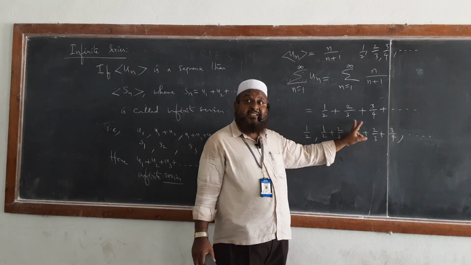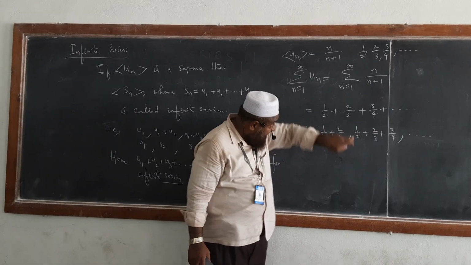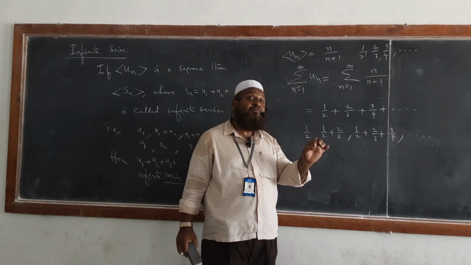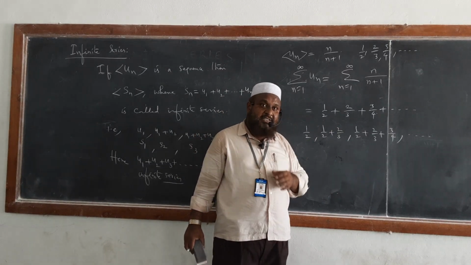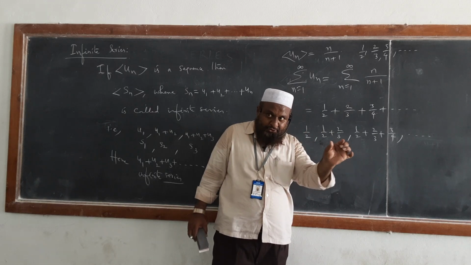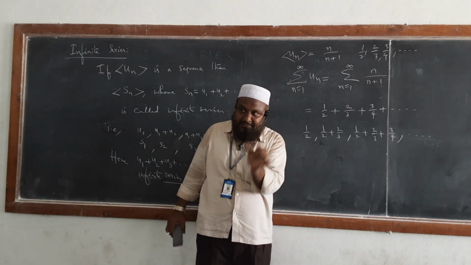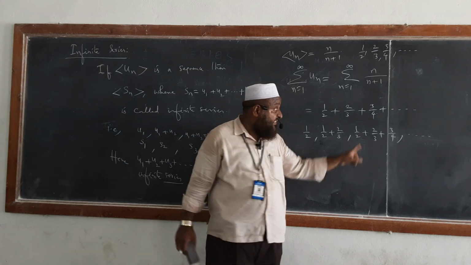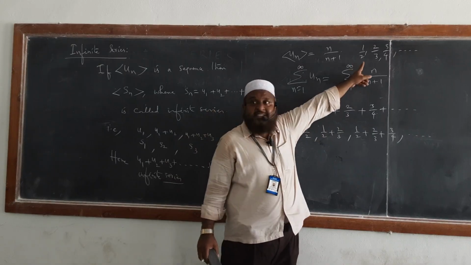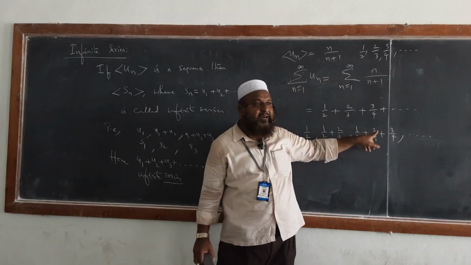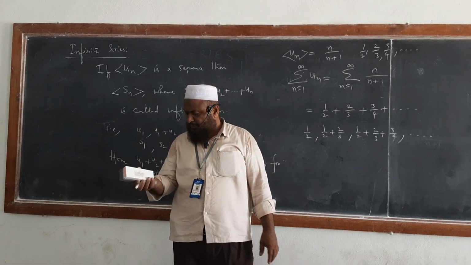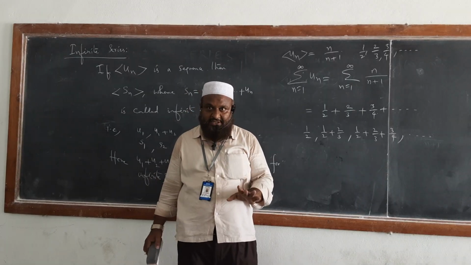There is a name for this sequence: we call it the sequence of partial sums, because it is just one part, two parts total, three parts total, that is the sum of one term, sum of two terms, sum of three terms. So from a given sequence, if this sequence of partial sums is convergent, then we call that infinite series convergent. I hope you are very clear about it.